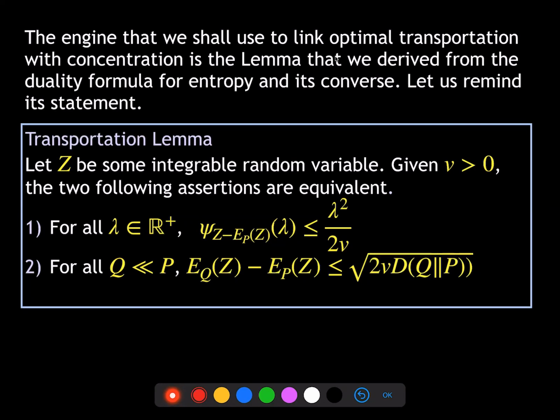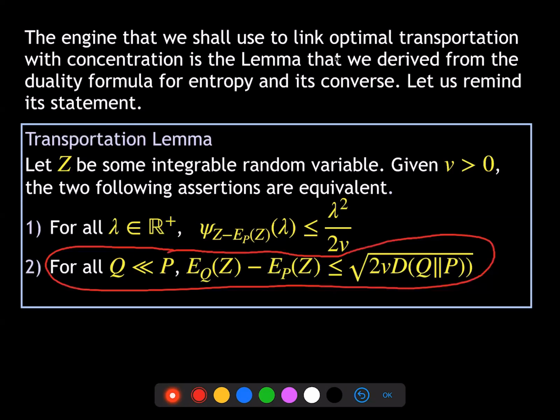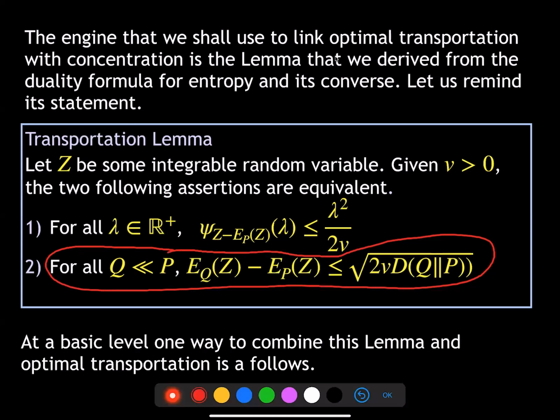So what we have seen is that it's possible to encode the sub-Gaussian property by the following here, which has something to do with transportation, as we shall see in a moment. So to see that it has something to do with transportation, let's look at a very basic level what can be the link between transportation and concentration.